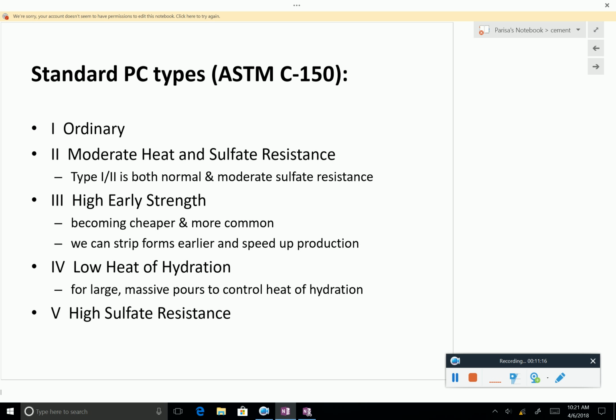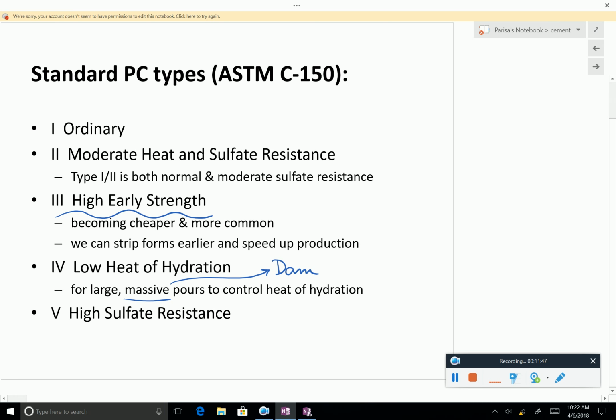So typically for a normal job you use ordinary Portland cement, you use type 1 or 2, but it's becoming more common to use high early strength or, in a special situation, for example if you have a massive structure like a dam, if you are pouring concrete for something like a dam, then you want to have low heat of hydration, otherwise there will be a lot of heat generated.